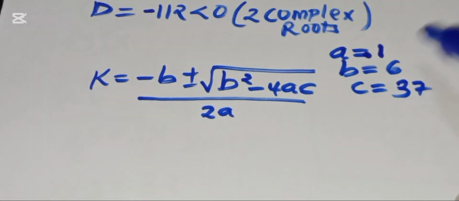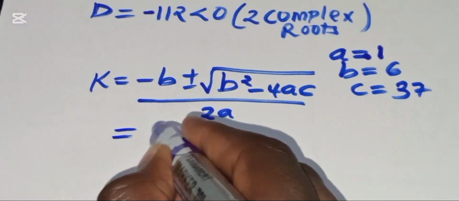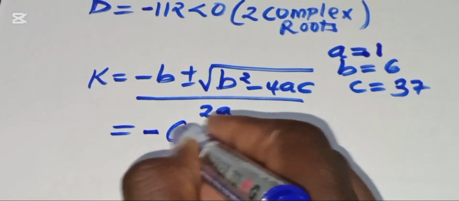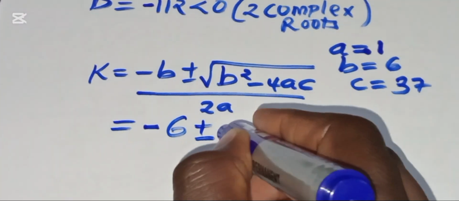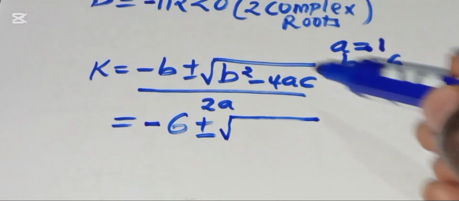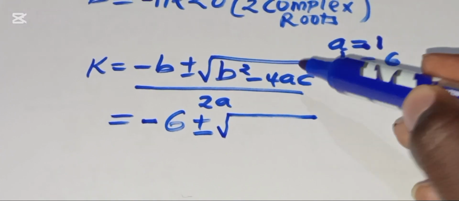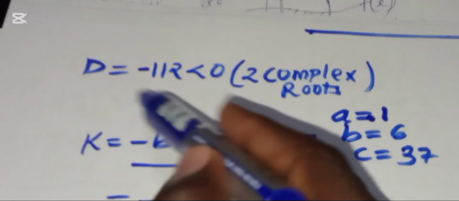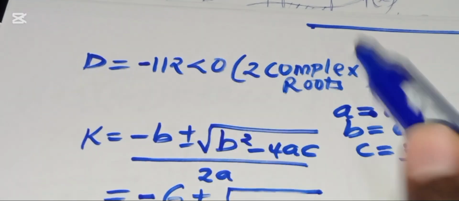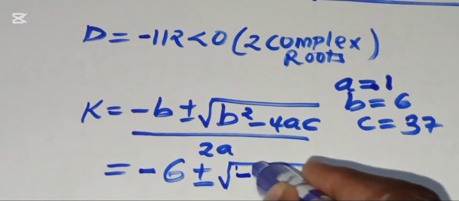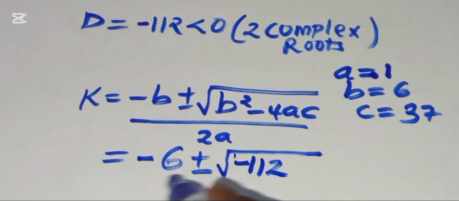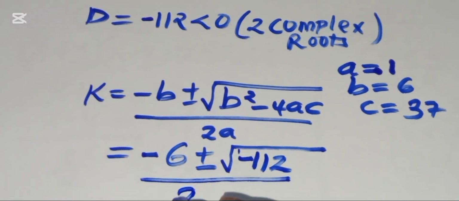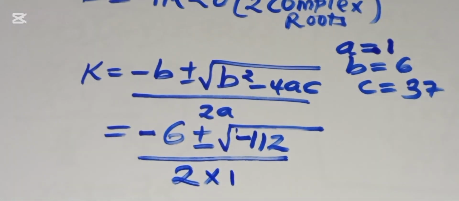So let's substitute this. We're going to have negative 6 plus or minus the square root of b squared minus 4ac, which is the discriminant value, negative 112, divide everything by 2 times 1.